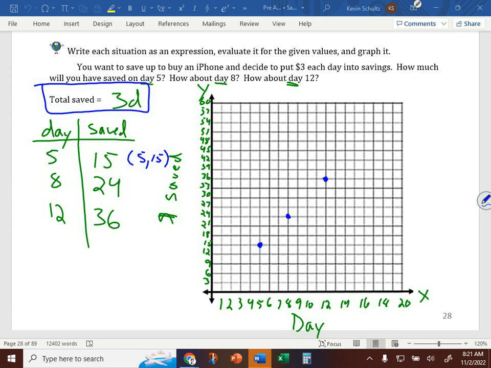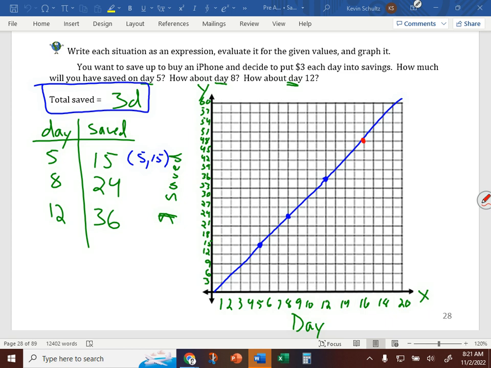Following this trajectory, notice these points kind of make a line. We can use that line to predict how much money we'll have saved on day, say, 16. Well, day 16, let's follow up to our line. We're going to have $48.